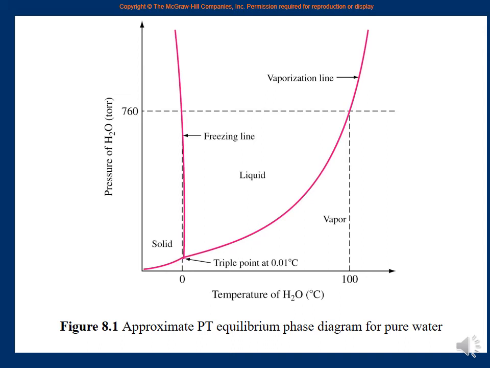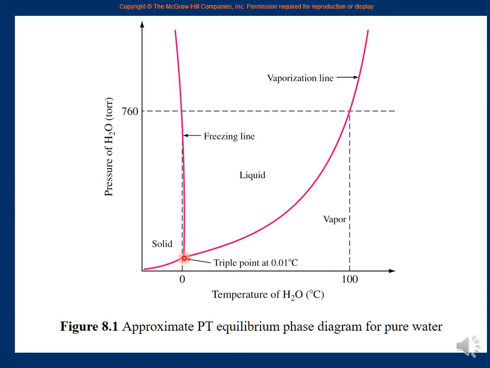Now, there is one very interesting point. See this point, which is called a triple point. Why do we call it a triple point? See, if we have any point here, then what two phases are coexisting? On the left you have liquid, on the right you have vapor. But if you are on this point, this is a unique point.